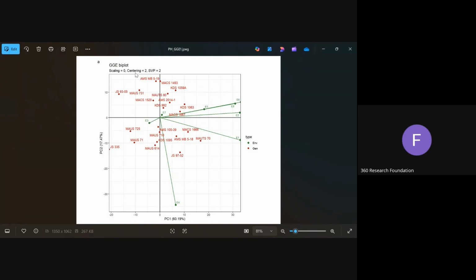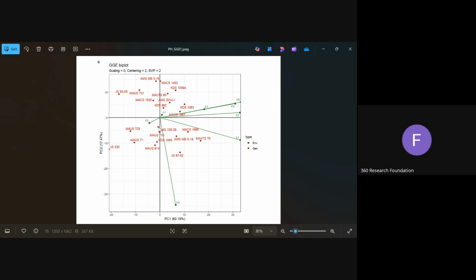On the other hand, if you see MACS 1667, then 139 and 710 also.